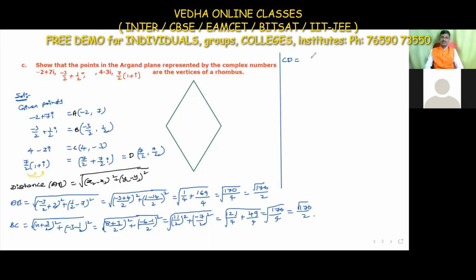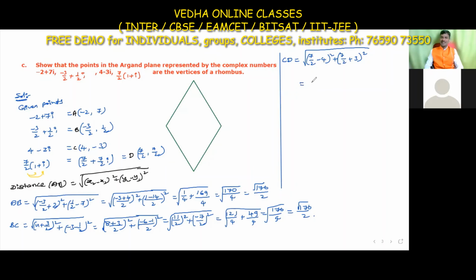CD is equal to, for C and D, 7 by 2 minus 4 whole square. Are you following? Yes, sir. And 7 by 2 minus of minus 3, plus 3, 7 by 2 plus 3 whole square.